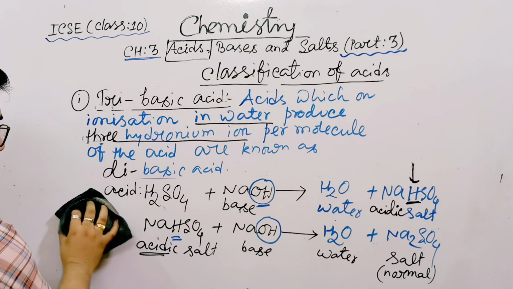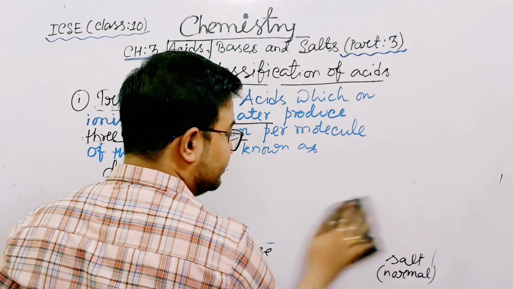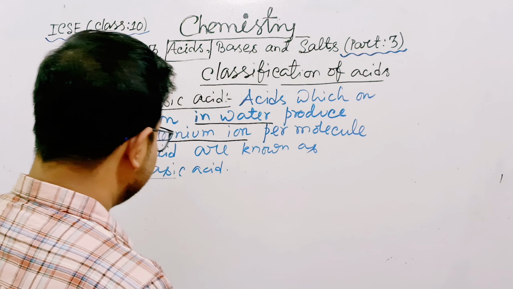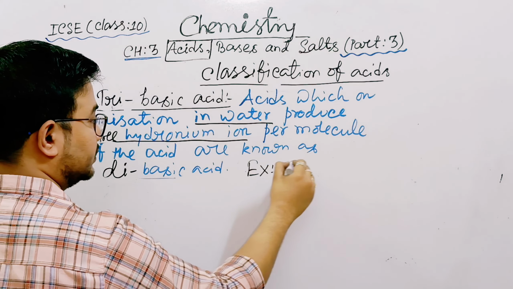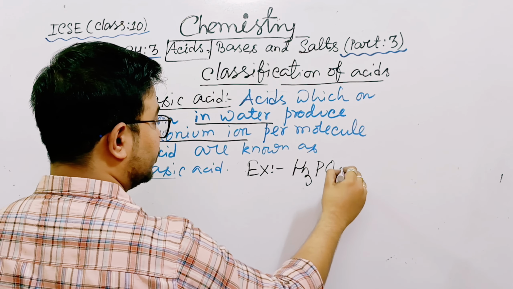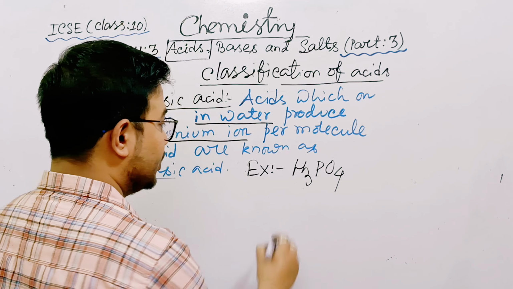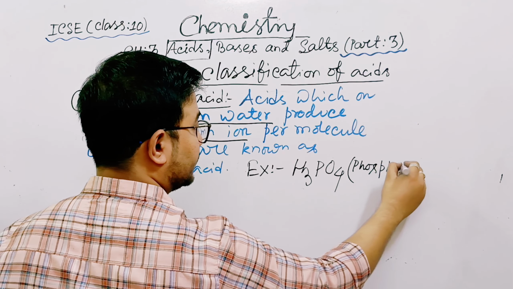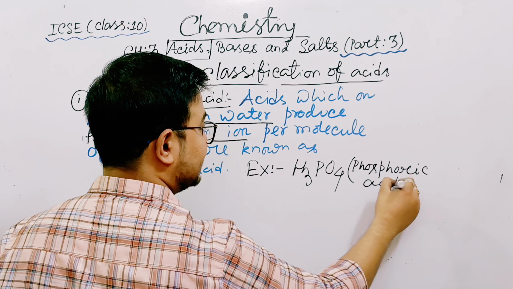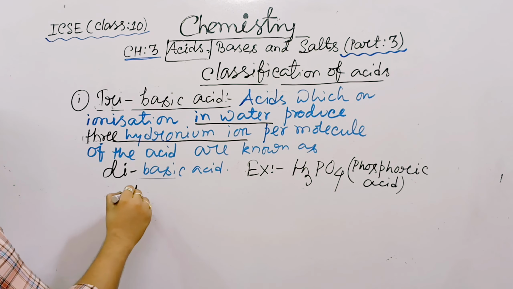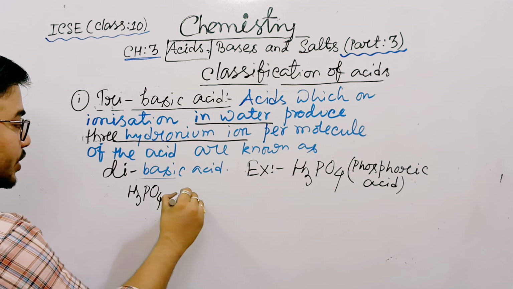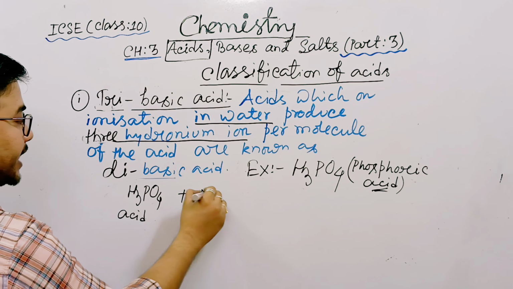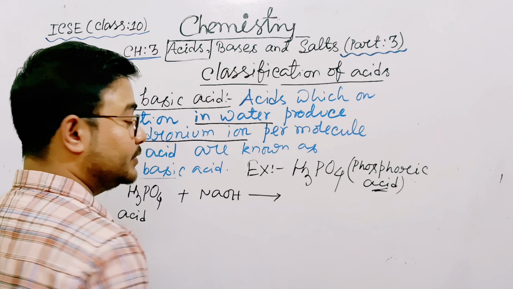Okay, now can you tell me, suppose I choose a tribasic acid, example H3PO4, phosphoric acid. What is the name? Phosphoric acid. Okay, now give focus: H3PO4, since it is phosphoric acid, when it reacts with a base, what will happen?